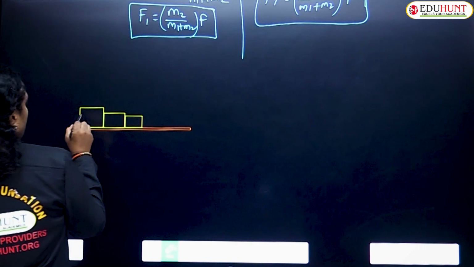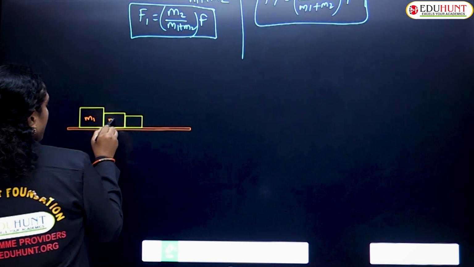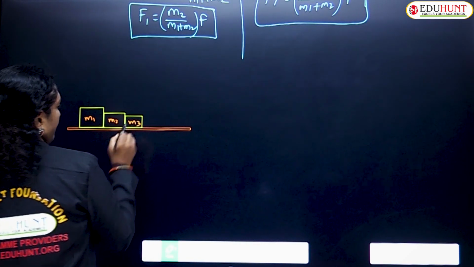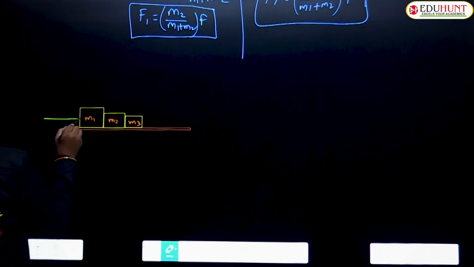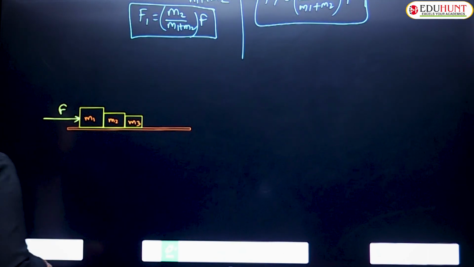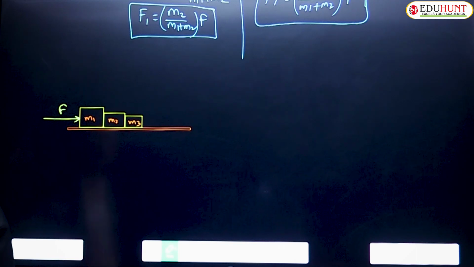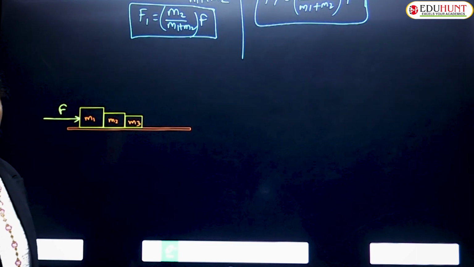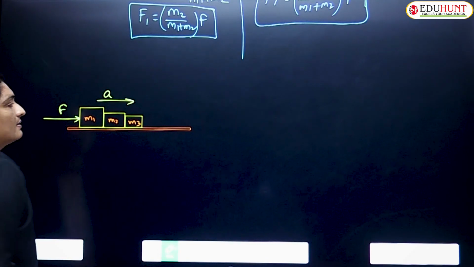Let us suppose this mass as m1, this be m2, and here some m3. Now if a force F is acting on m1, then the three blocks will start moving together with some acceleration a to the right side.